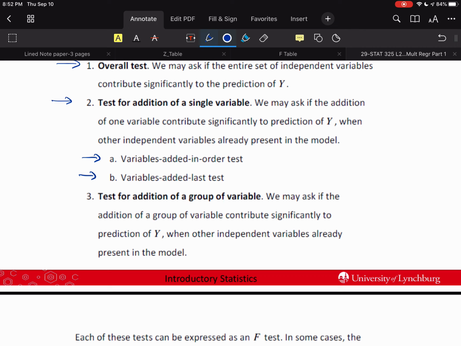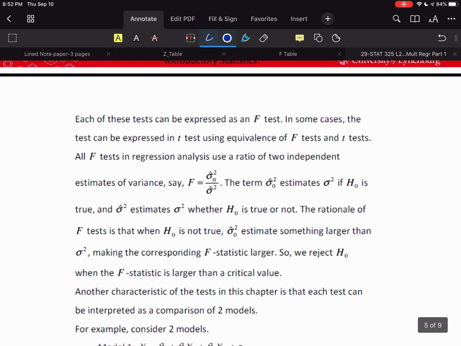Should we add this other group of variables to the model or not? Okay. So each of these tests can be expressed as an F-test. And we talked a little bit about the F statistic last time, but we're going to talk a little bit more. And an F-test can be expressed as a t-test in some cases.